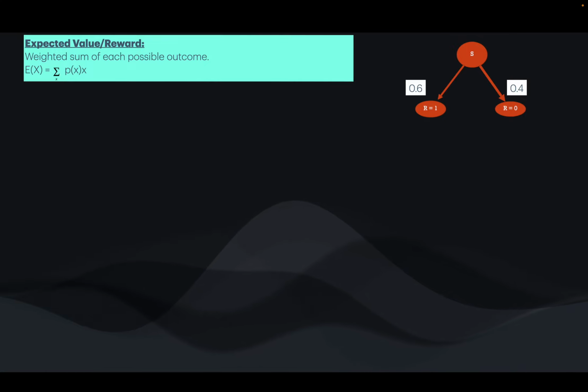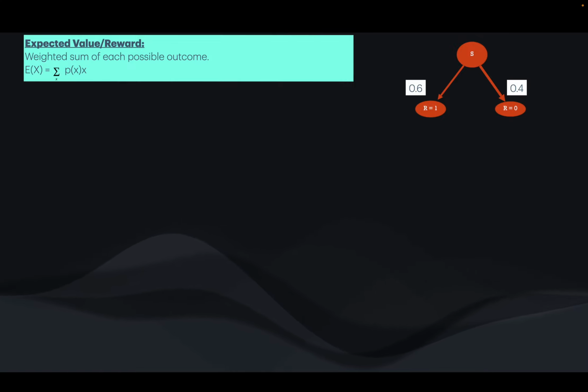Being in a state S, there is a 60% chance that you go to a different next state, and you also have another 40% probability of going to a different state where the reward is 0, which is associated with 0.4 probability, and we also have a reward equal to 1, which is associated with 0.6.